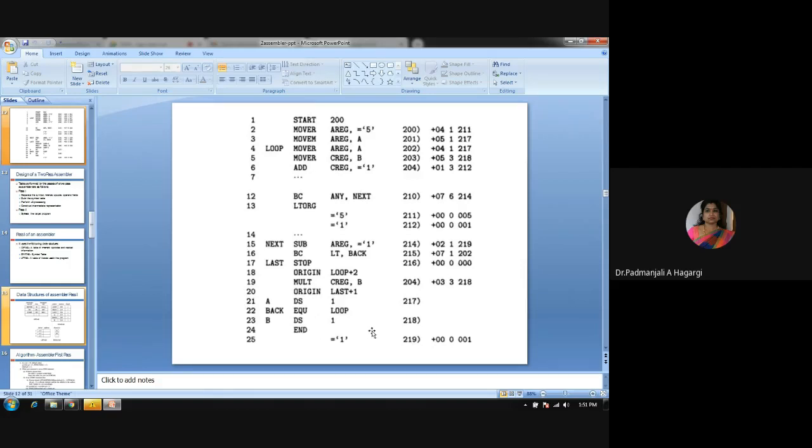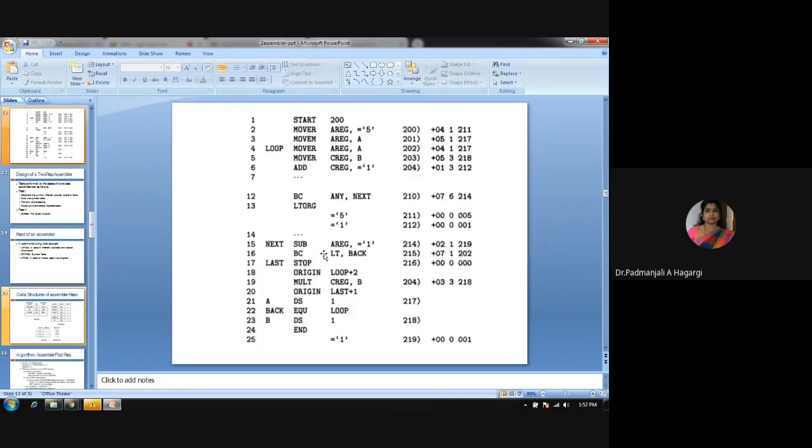For END, it is not compulsory. For START and END, there is no location counter processed; for START also, the location counter has not yet started, and no memory is allocated.